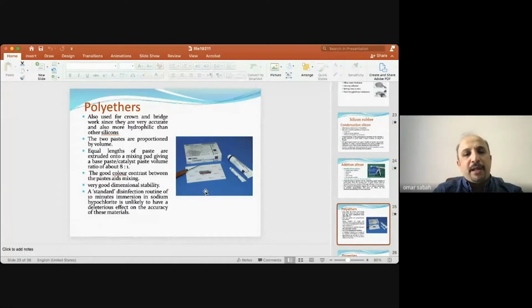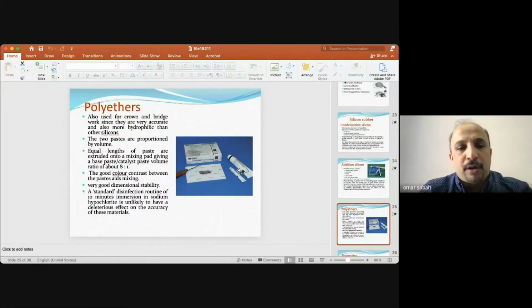Look how the ratio is large. It's the same length, but different in diameter. If you see the pastes in the pictures, you have two different diameters. One is very small, this is the catalyst, and the largest one is the paste.